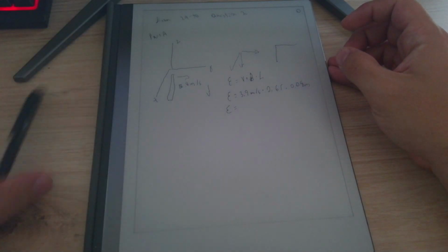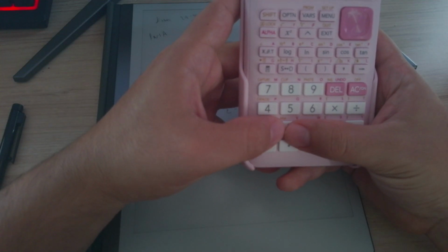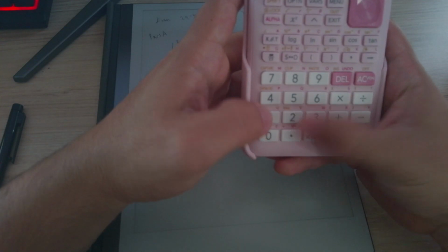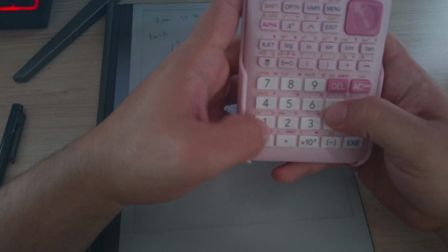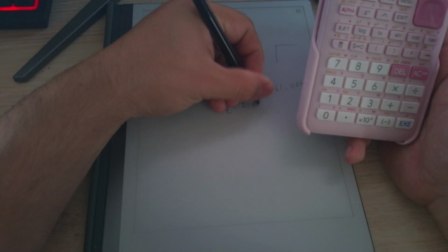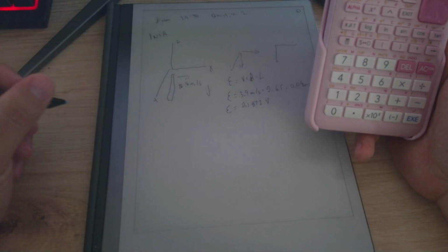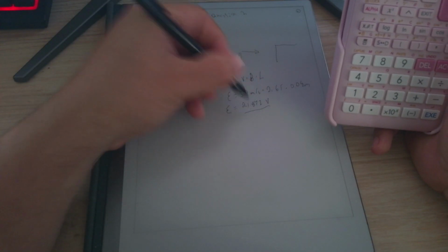We'll multiply that all together: 0.6 times 3.9 times 0.08. That means the electromotive force is 0.187 volts, and that right there is our answer.